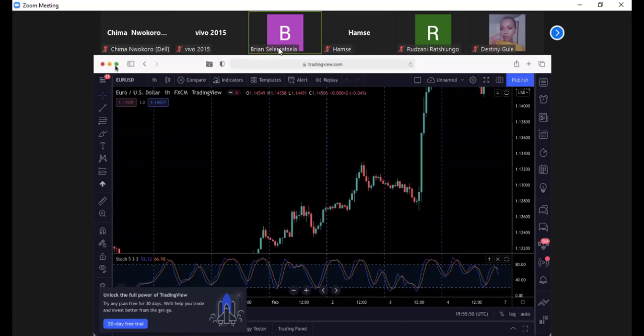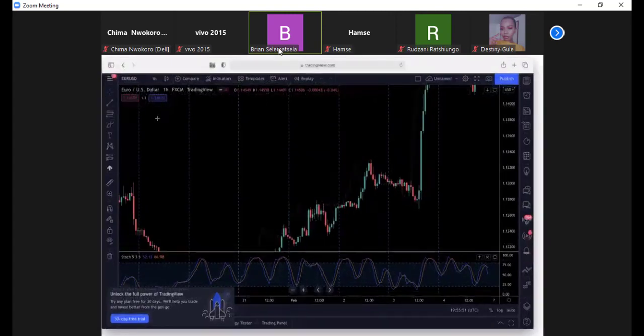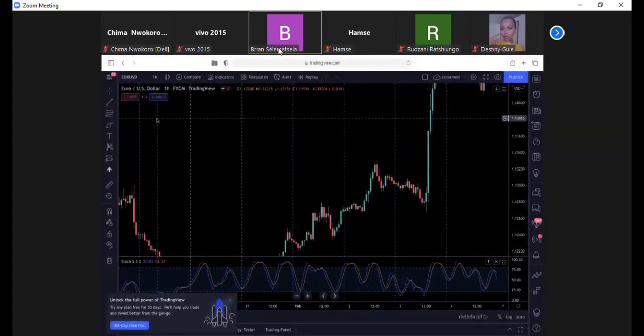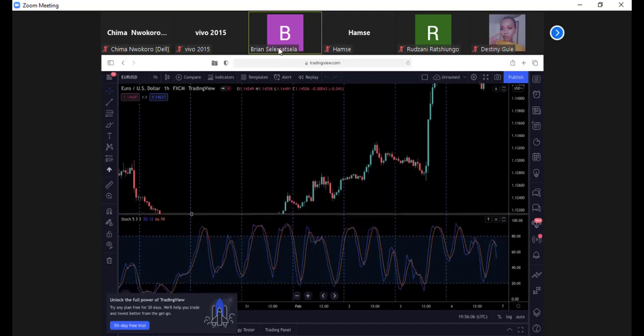Normally on your MetaTrader 4, the settings are quite default. So what you have to do, you just have to click on your stochastic. After you click on stochastic, you just accept everything. You don't change any settings from there.